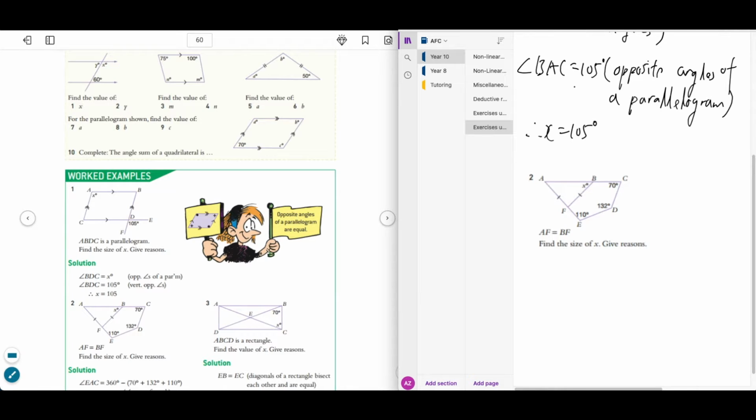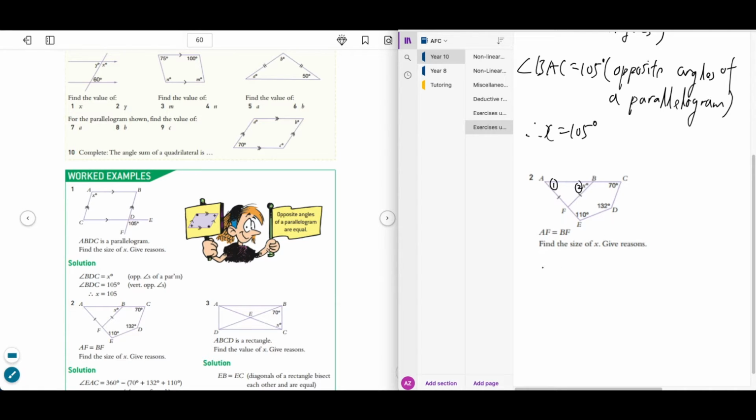It might take you some time to figure it out, but because I'm more experienced, I can see the answer straight away. What you can do is find this angle first using the angle sum of a quadrilateral, because we know that ACDE is a quadrilateral: 1, 2, 3, 4 sides. Once you work out this angle, you can say this angle is going to be equal because it's a base angle of an isosceles triangle. Because these two sides are equal, the base angles should be equal.